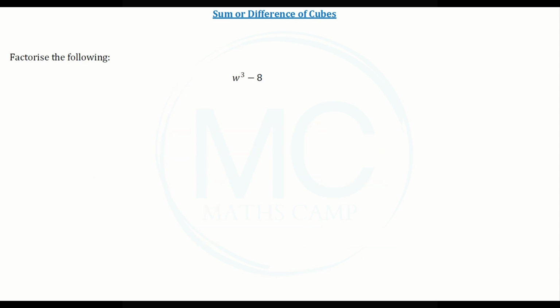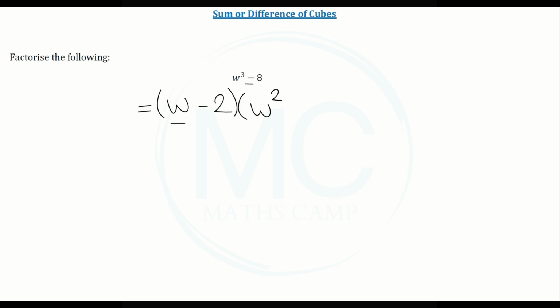Factorize the following: w cubed minus 8. Let's start by opening our first bracket. The cube root of w cubed is simply w. We have a minus sign, so put a minus sign in here. The cube root of 8 is 2. We can close our first bracket. For our second bracket, let's look at w. We're going to square it, so we say w squared.